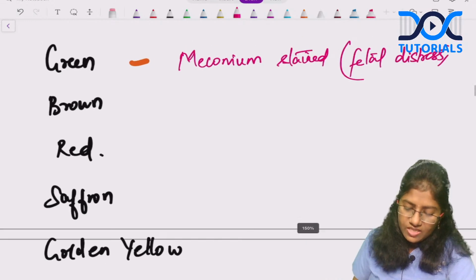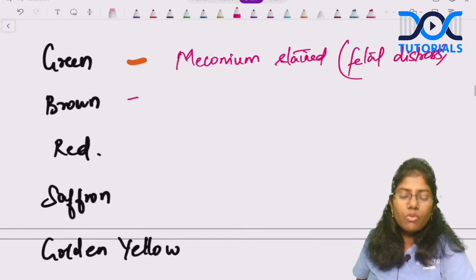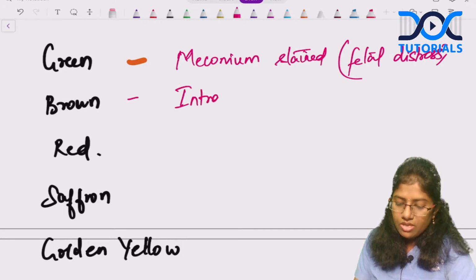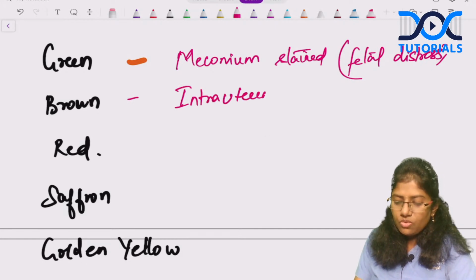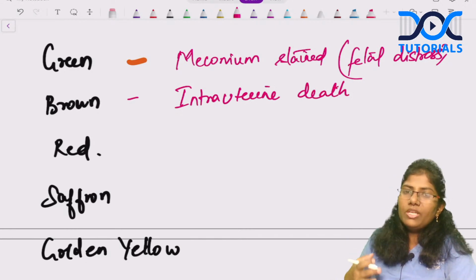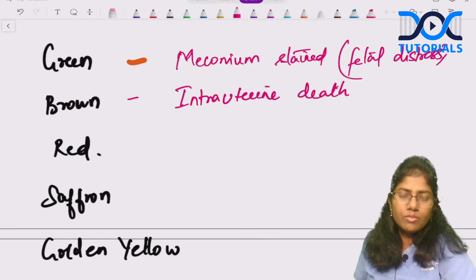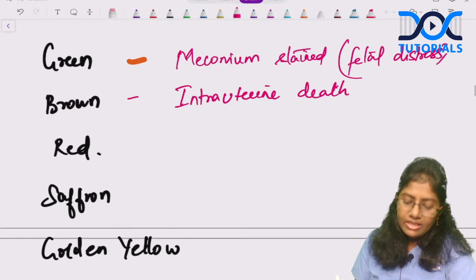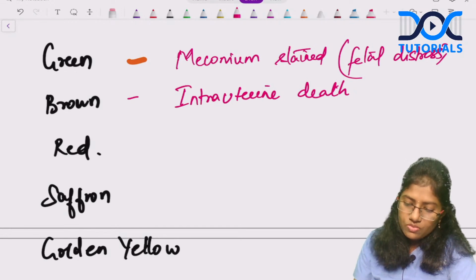Next is brown. We see brown colored liquor in intrauterine death. Since this is a rapid revision program, I'm going very fast. Brown colored liquor is otherwise called tobacco juice liquor.